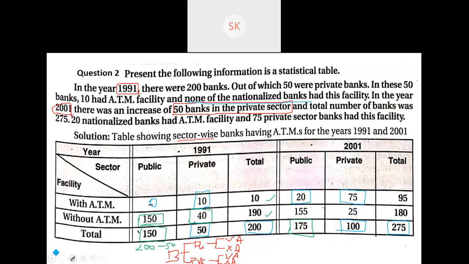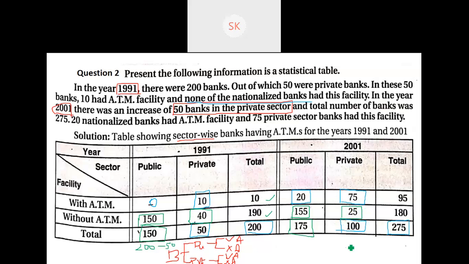Now whatever is left out, let's quickly calculate. 175 minus 20 gives you 155. So 155 banks did not have ATM in the public sector. Similarly, in the private sector, out of 100 banks, 75 had ATM and 25 did not have ATM.